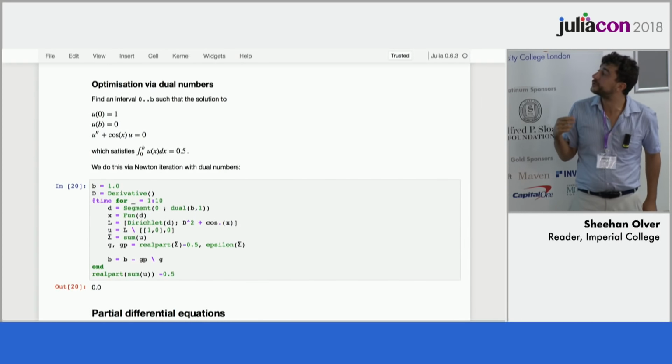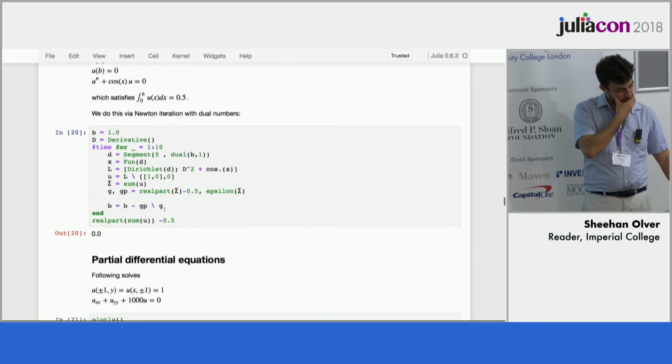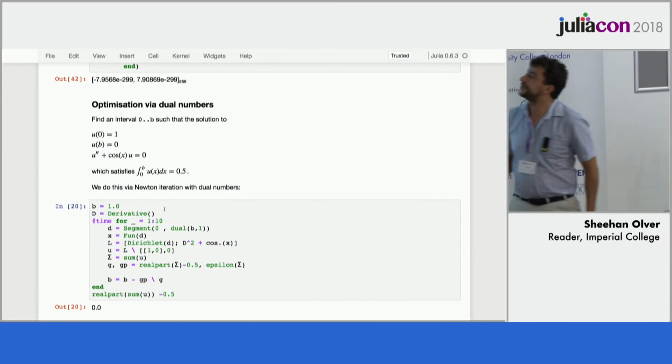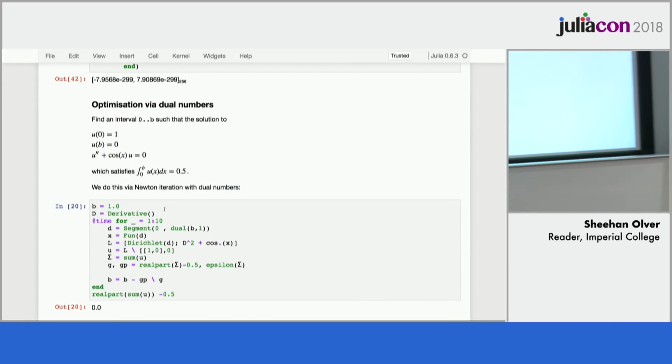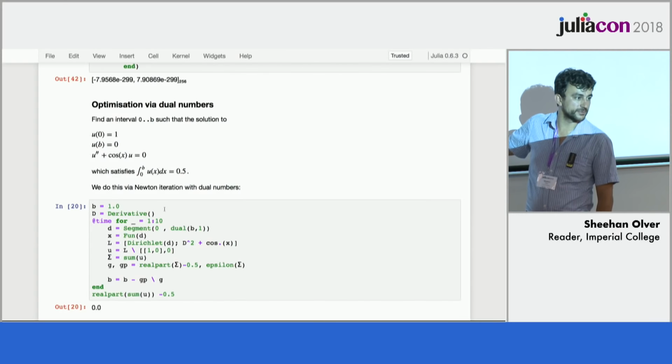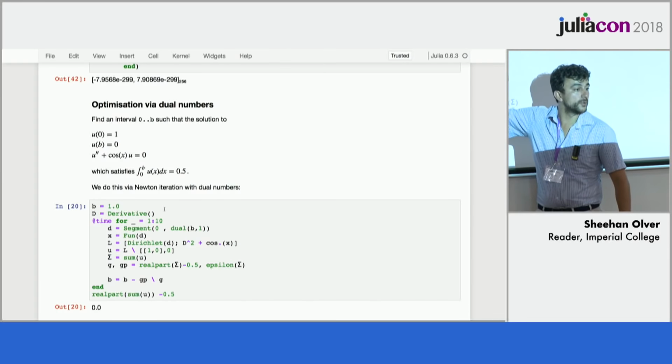You can also do this with dual numbers. Maybe I'll skip this. So here's an optimization problem where I want to find an interval, and I just made that interval a dual number, and use that to calculate derivatives, so this involves a lot of things, including solving an ODE.